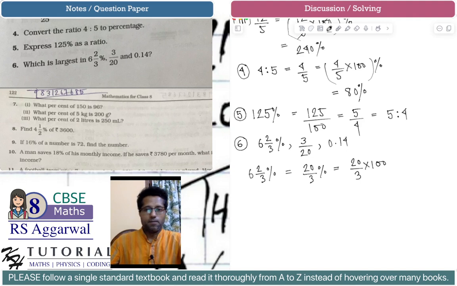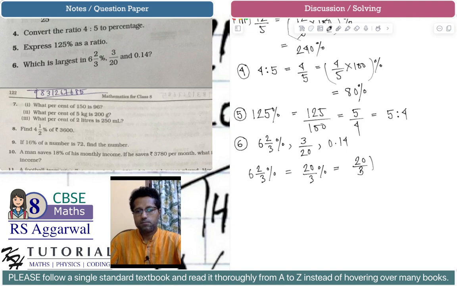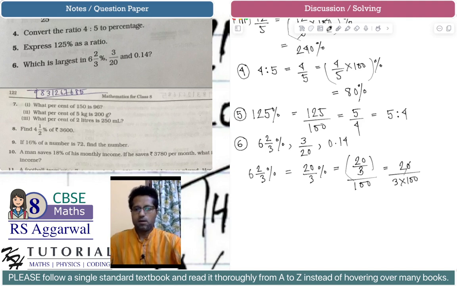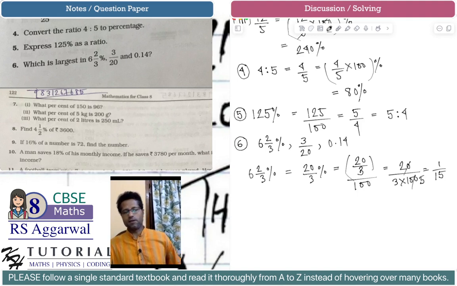When a percentage is expressed as a fraction, 20 by 3 percentage will be 20 by 3 divided by 100. So this is equal to 20 by 3 into 100, and after simplification we get 1 by 15. So this is the fraction equivalent of the percentage 6 and 2 by 3.